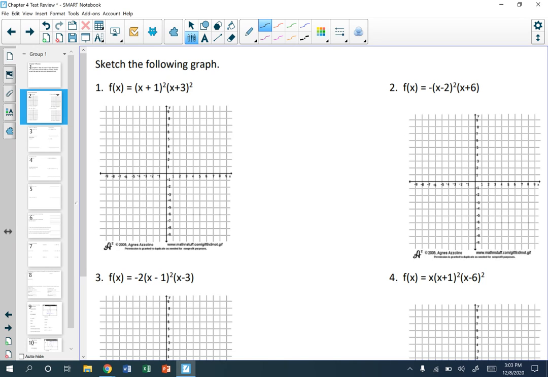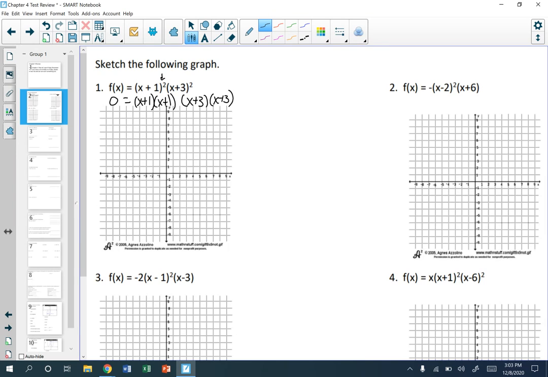Okay, so number 1, sketch the following graph. I see that my zeros are going to be, if I were to rewrite this, (x + 1)(x + 1), because it's squared, and same thing, (x + 3)(x + 3).